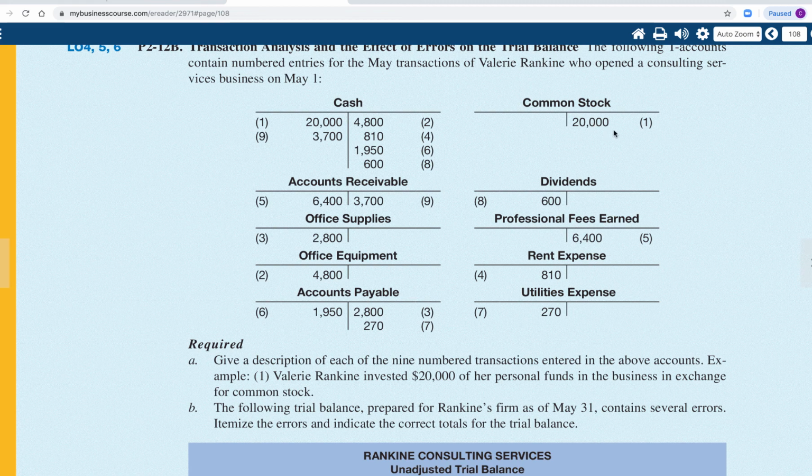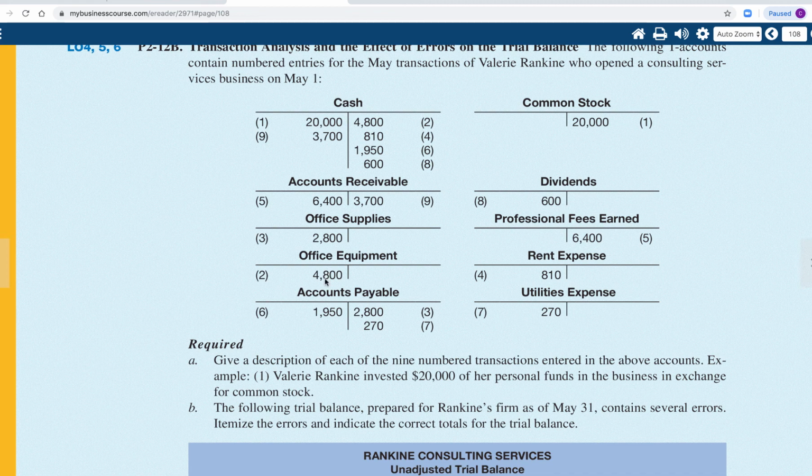Okay, let's look at 2. Well, we credit cash for $4,800, so we need to find another 2 here. Office equipment, $4,800. We credited cash $4,800. We debited office equipment. So what's the explanation? Used cash to buy office equipment.